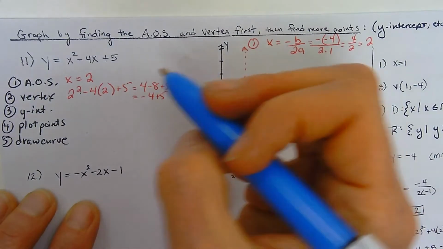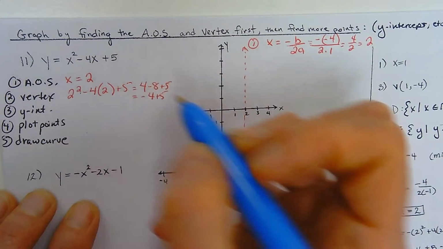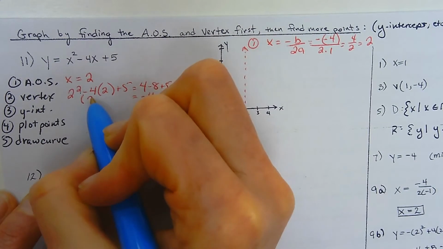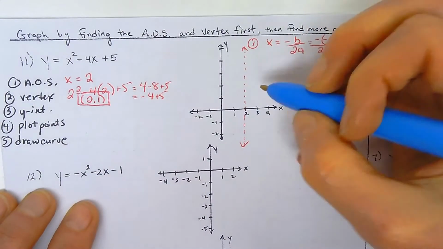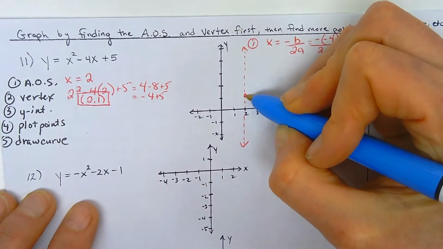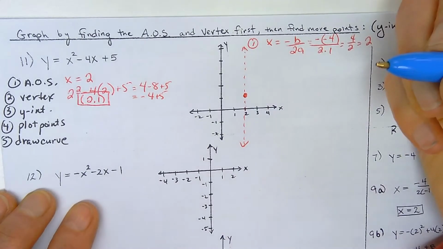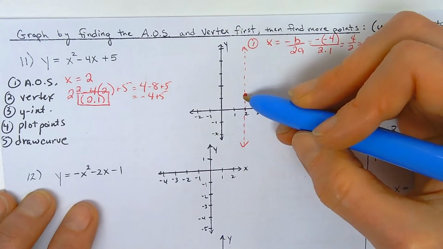So my vertex is now at, running out of room here, 2, 1. On this axis of symmetry, there's a vertex.